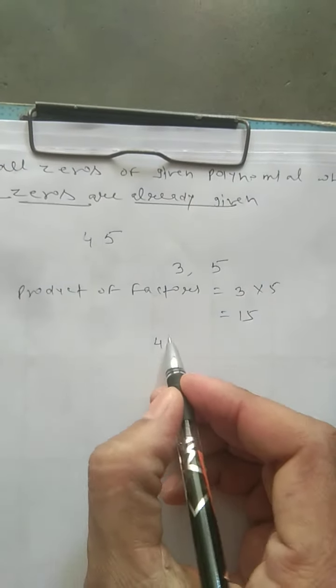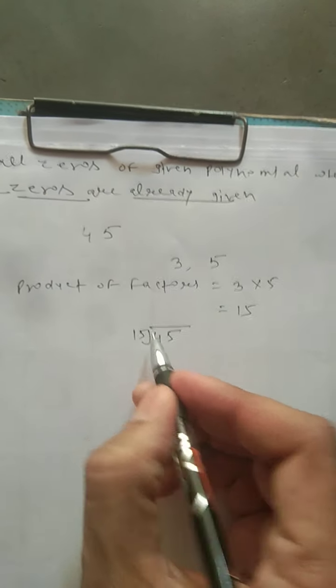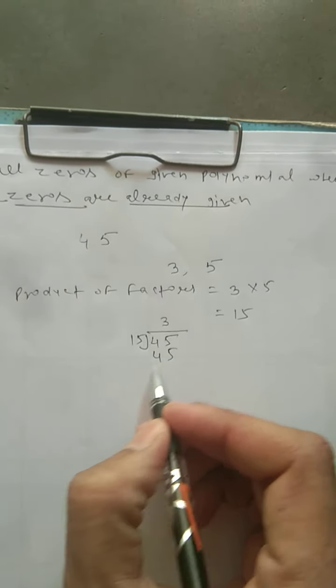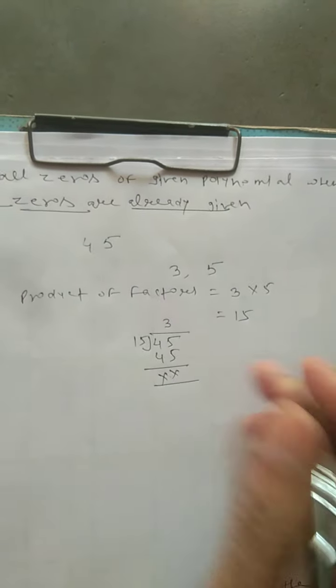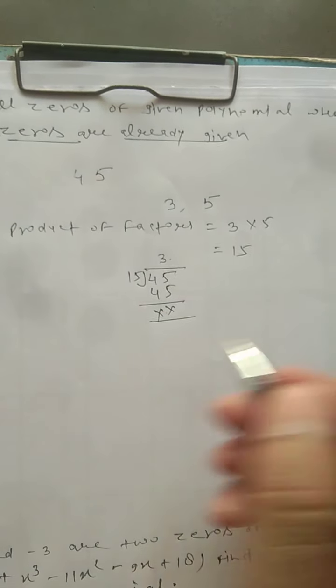So 45 is the number. It will be divided by 15. It goes 3 times. After dividing, I got 3 as another factor.